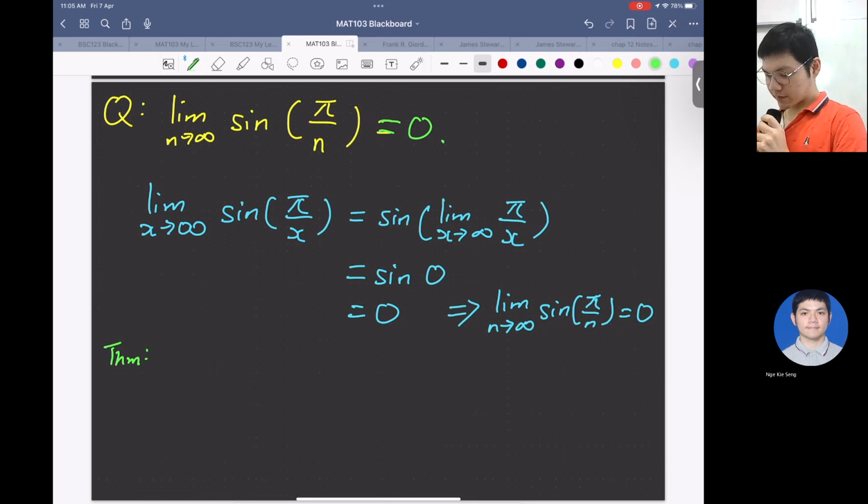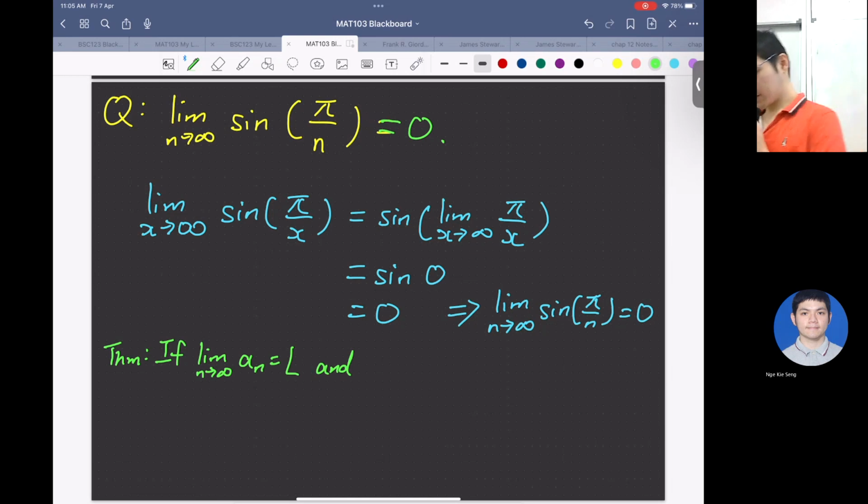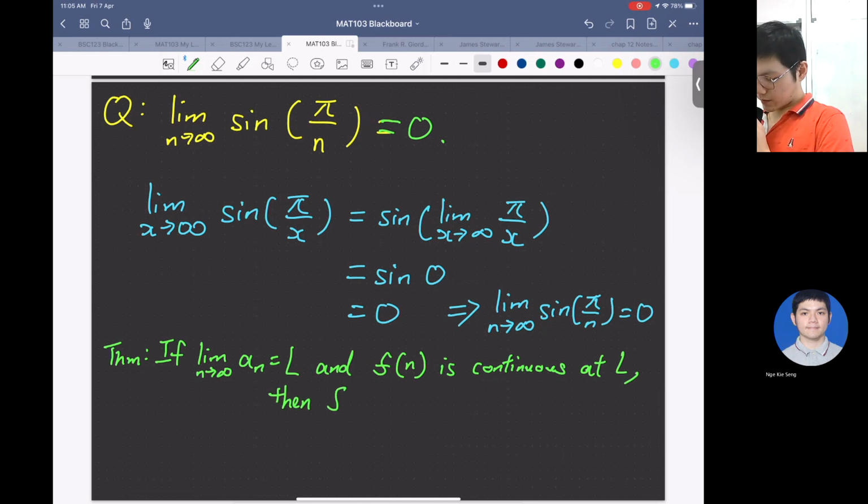Okay, sequential continuity. So if the limit as n goes to infinity of a_n equals L, and f is continuous at L, then taking the limit of f(a_n) is equal to f(L).